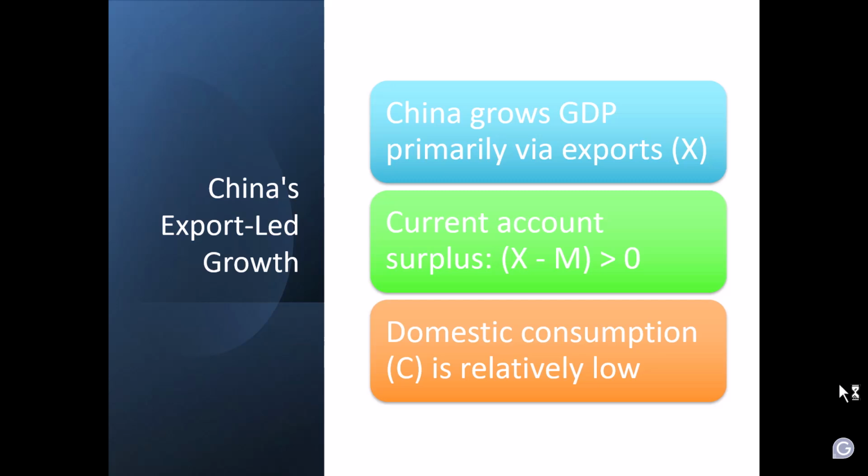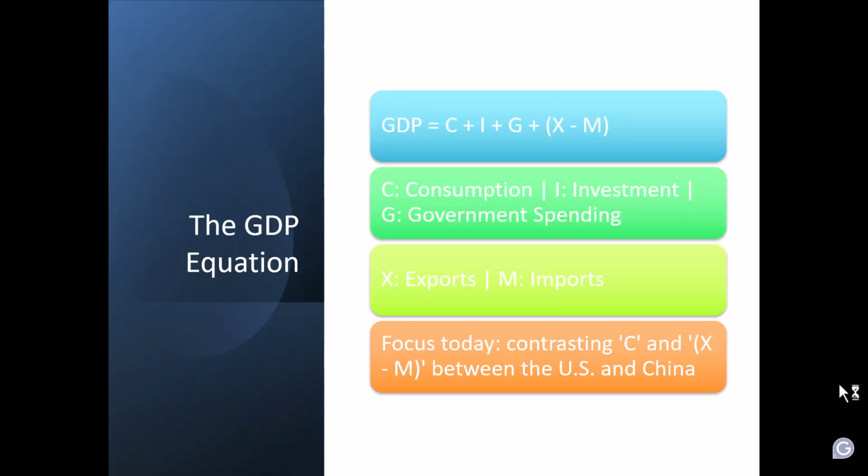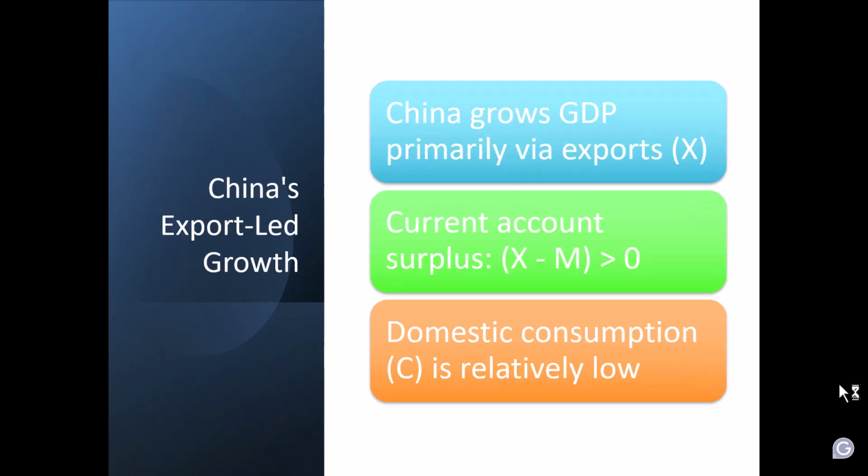Now, China has what's known as an export-led growth model. Go back to the GDP equation. You see all of these components? Well, if they change, GDP changes. China focuses on the X in terms of growth. They have for the longest time. And we won't get into whether they're changing or anything like that.